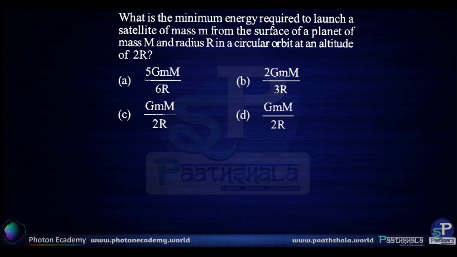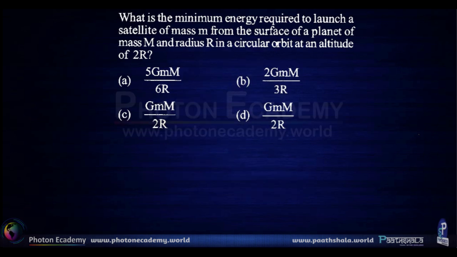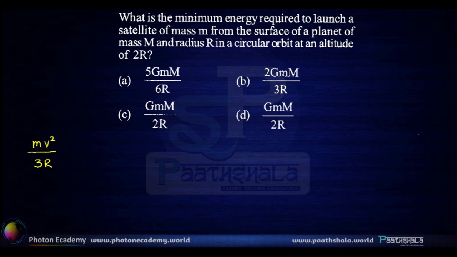So for a circular orbit, the required centripetal force is equal to the mass of the satellite multiplied by the square of the velocity of the satellite divided by the radius of the orbit. In this case, the radius of the orbit is equal to 3R. Why 3R? Because the radius of the planet is capital R and the altitude of the orbit above the surface is 2R.